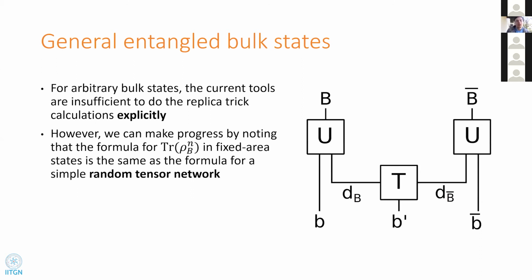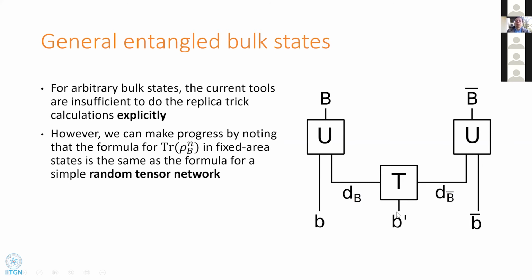But the good news is we can get around this fact. We note that the formula that I found in the previous section for trace of rho to the n for fixed area states in gravity happens to be exactly the same formula, including the full sum over permutations pi, as the formula for trace of rho to the n in a particular very simple random tensor network, which is the tensor network I've shown here.